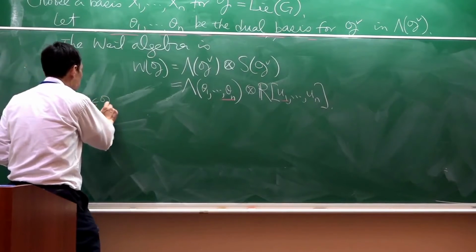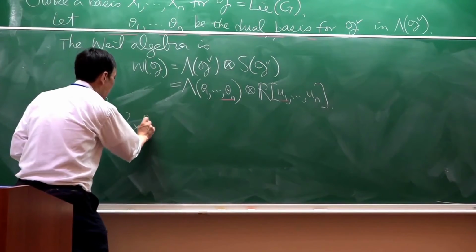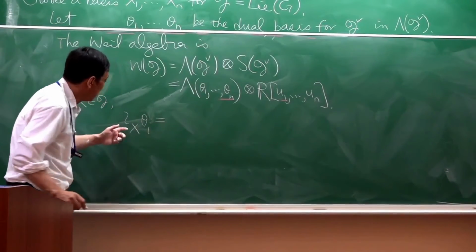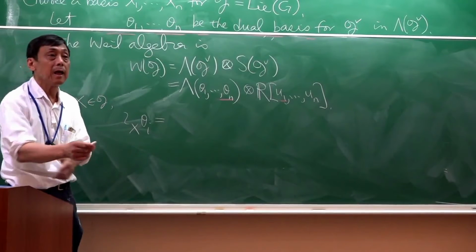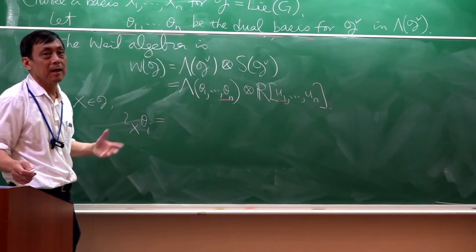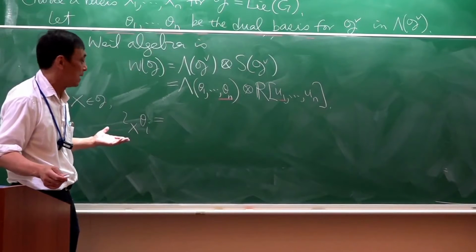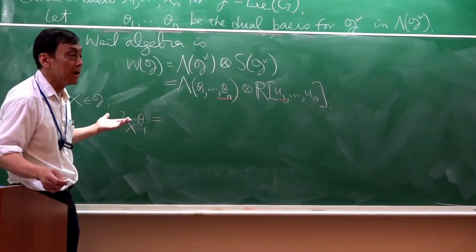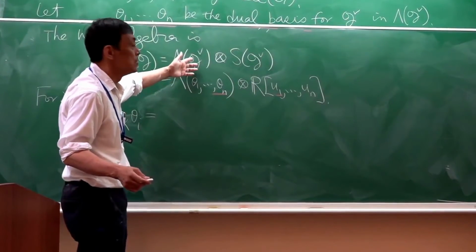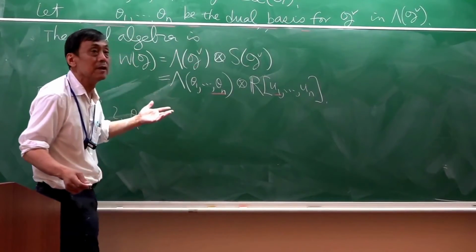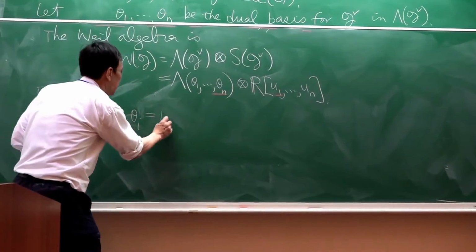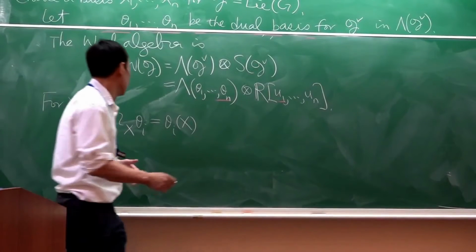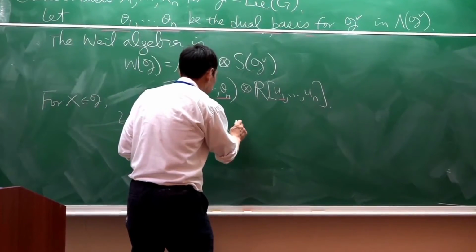Okay? So, for x in the Lie algebra, what is the contraction Ix of theta I? Theta I is in G dual, x is in G, so it's just theta I applied to x. You get a number. And what is Ix of Ui?